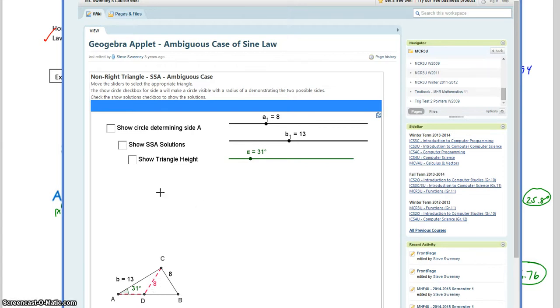And if I show SSA solutions, we have 56.8 as one of the answers. I think that matches with what we had before, and then 123.2 is the other angle that comes out of that. So we can see that the GeoGebra applet also matches the algebra we just did.